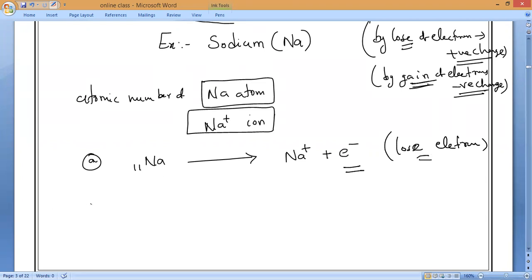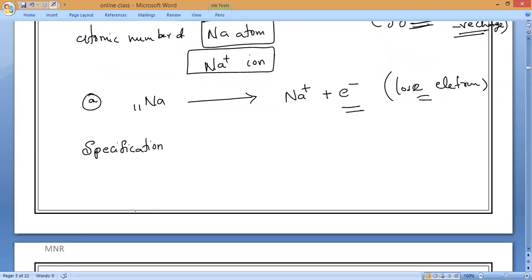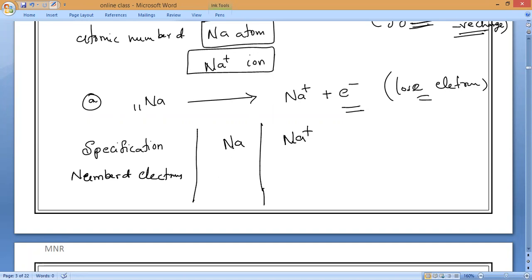Now let me take the specifications: why can't we take electrons, and why do we need to take protons? Tell me the number of electrons in the sodium atom. 11. Number of electrons in the sodium ion?